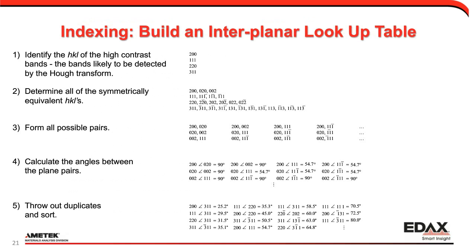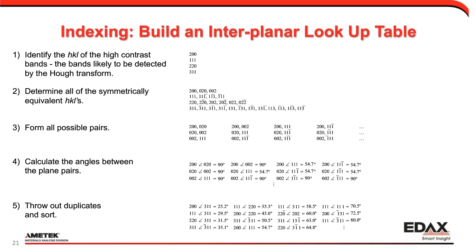Once we have this list of reflectors, the software then has to build what we call an interplanar angle lookup table. What it does is identify these planes, or HKLs, that have the highest intensity. For an FCC material like aluminum, it's the 200, the 111, the 220, and 311. Those are the ones we generally expect.